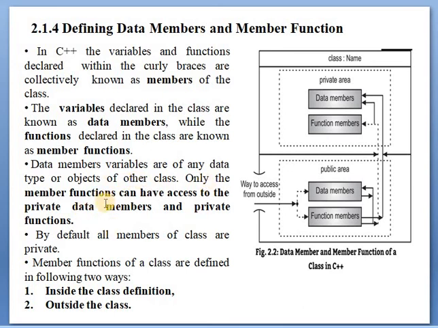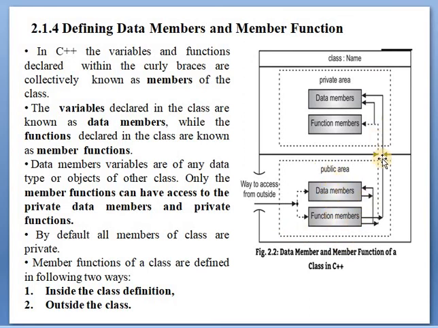Only the member functions, see here, only the member functions can have access to the private data members and private functions. So see here the definition, that is class name, private area. In private accessibility mode we can declare the data members as well as function members, that is functions. Also in public area, data members and functions.